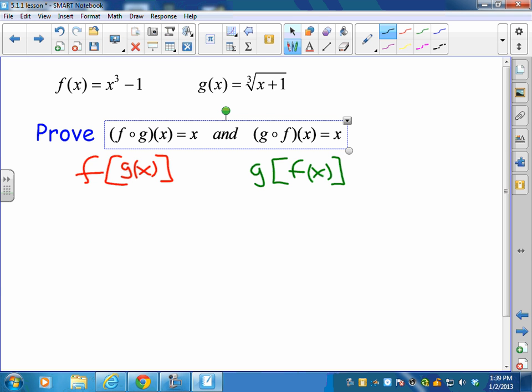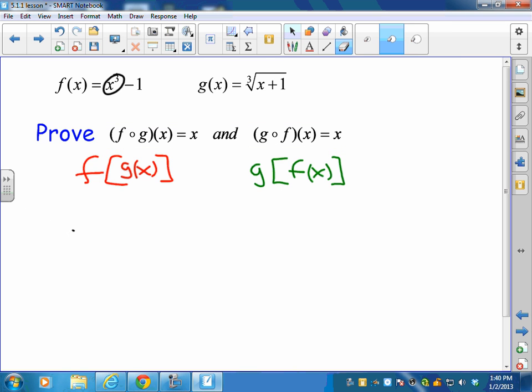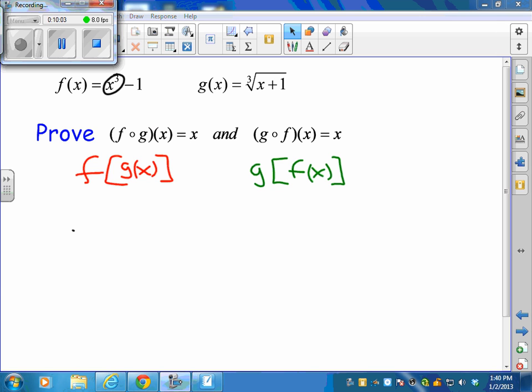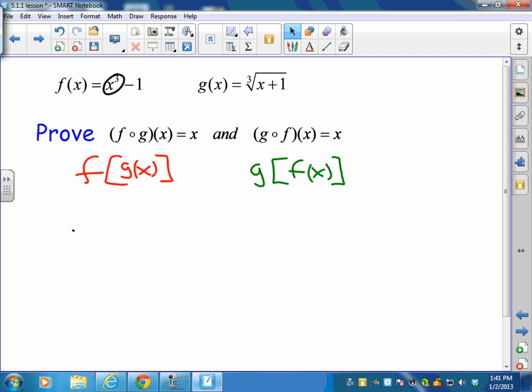So to do this, wherever we had an x in f of x, we would put the g of x. So I'm writing out the first one here: f of g of x.